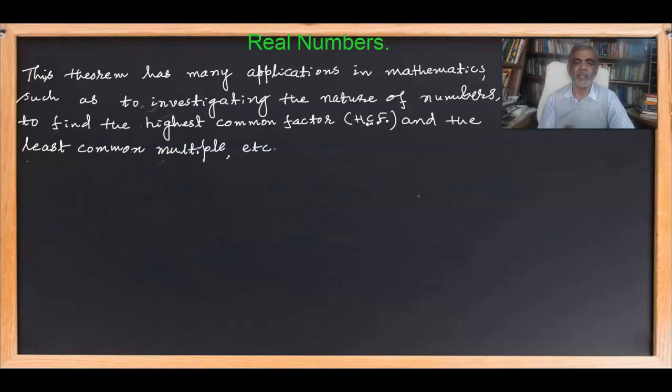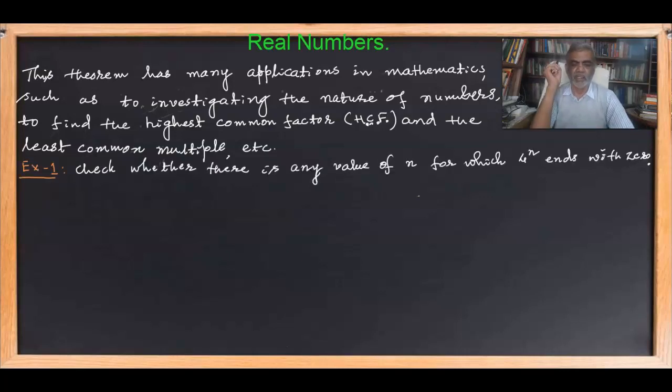Now we can look at some applications. Example 1. Check whether there is any value of n for which 4 to the n ends with 0. Now you can see the solution.